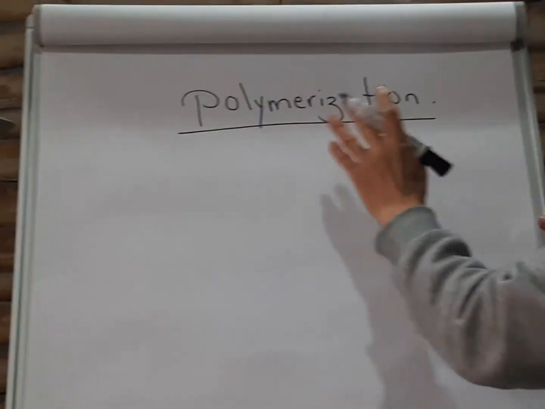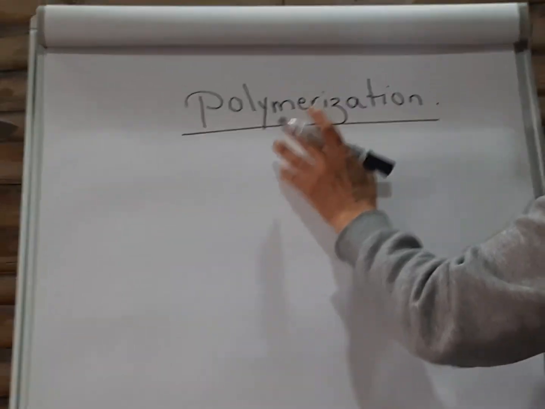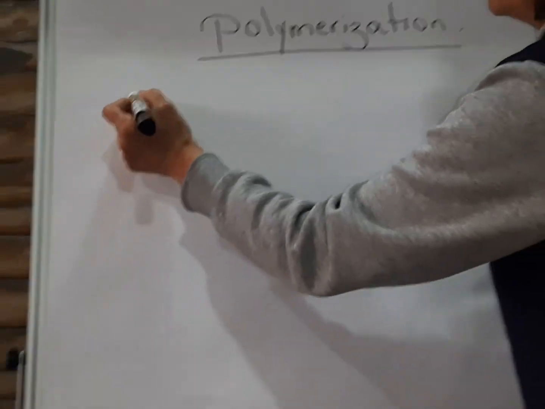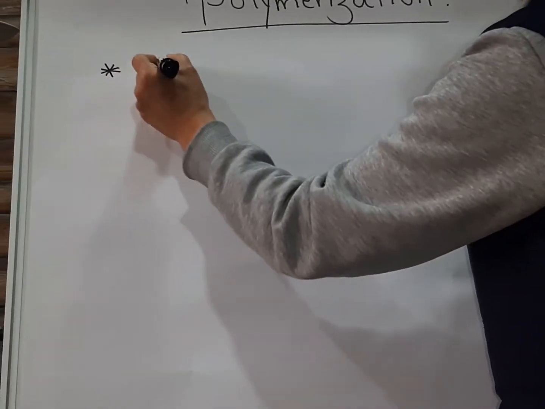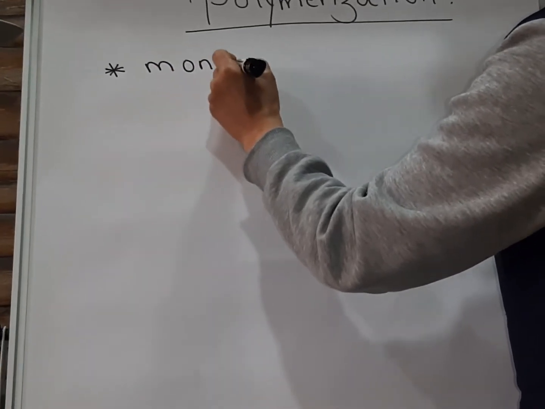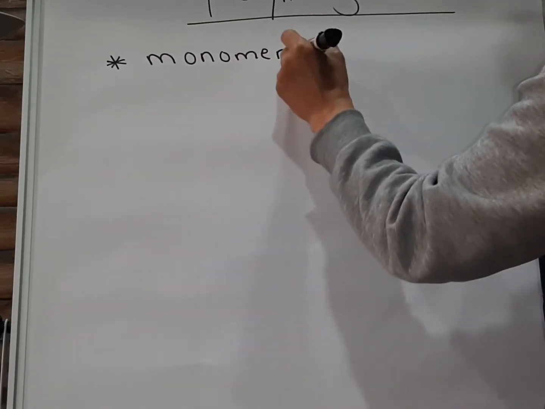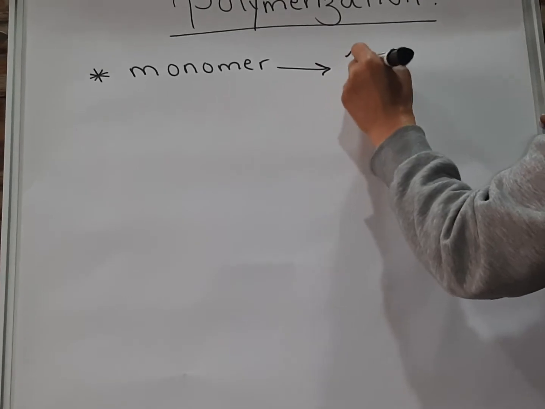Polymerization. Before I explain the meaning of polymerization, I'll introduce some terms. The first term is monomer. When I say monomer, I mean only one molecule.